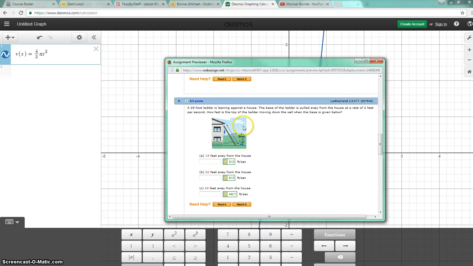So that would be the equation that we would start using, and then we're looking for this rate, our dy/dt. They've given us dx/dt. It's a constant 2 feet per second.